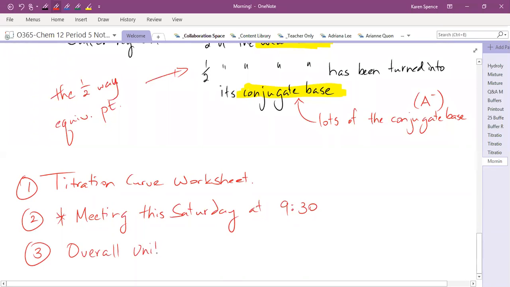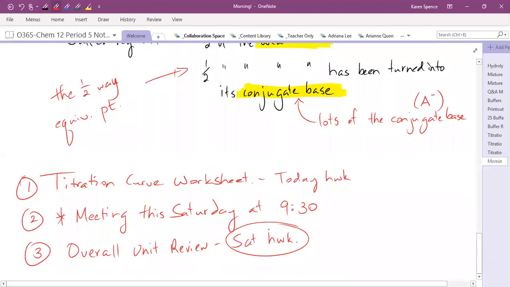Overall unit review, Saturday homework, today homework. This is not a small assignment, so I think we have a meeting.